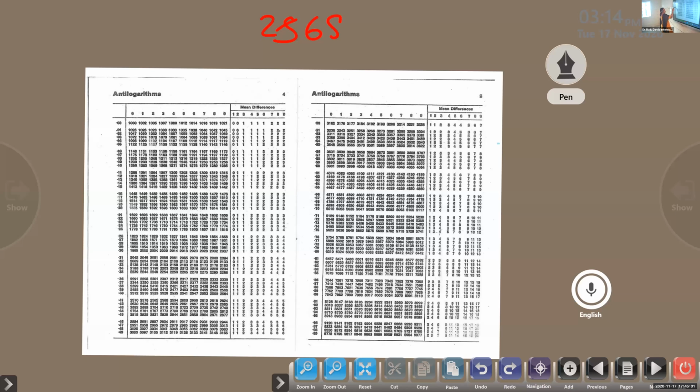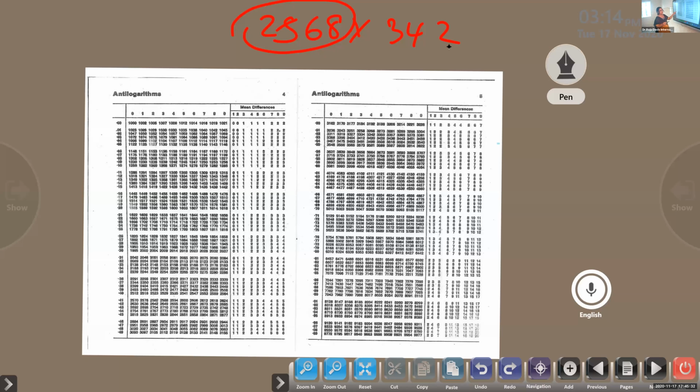So if you want to find out 2562 into 348, how do you find out the value of this and the value of this using logarithm? What is the first step? You have to first look for 25 in this.